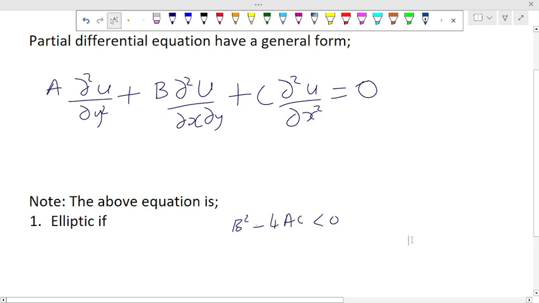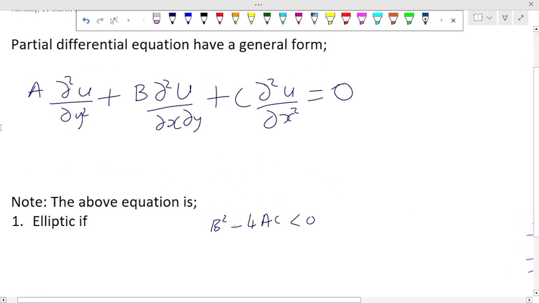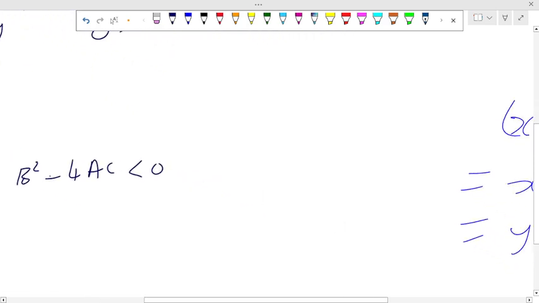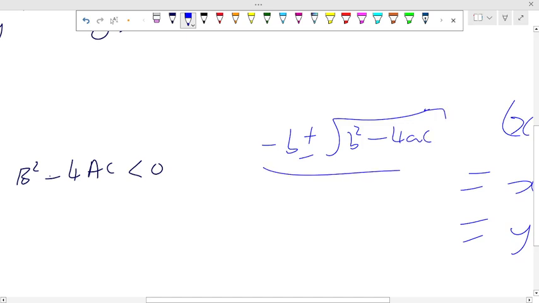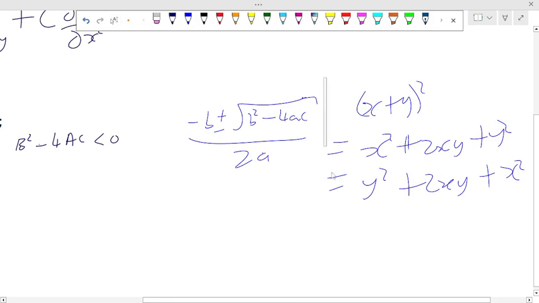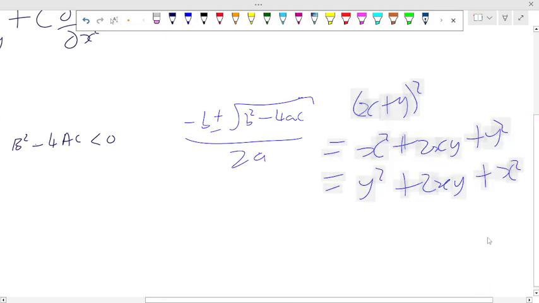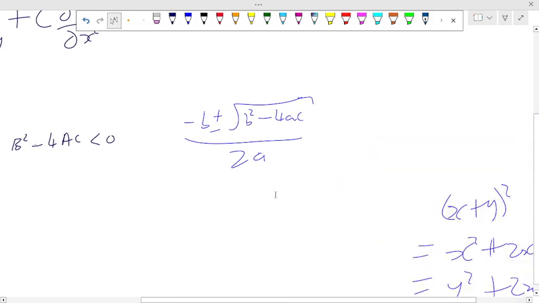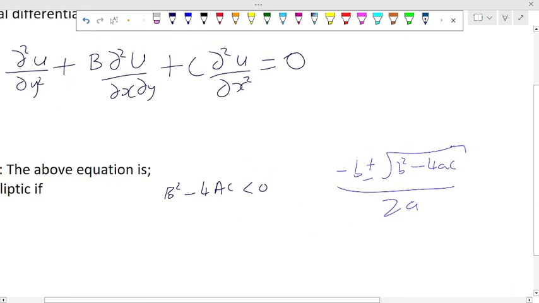Now if you can recall, there is a formula we have like this, which is minus b plus or minus the square root of b squared minus 4ac all over 2a. So this is our b, this is b, and of course a, c.